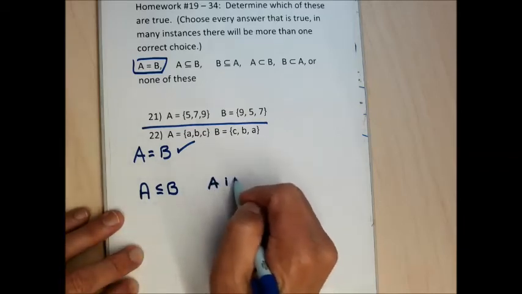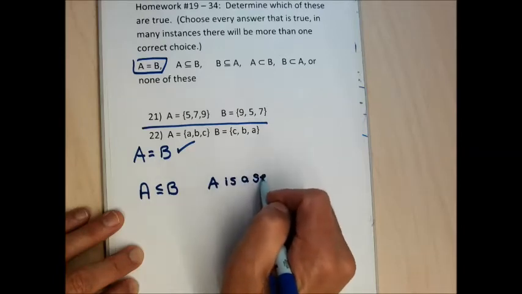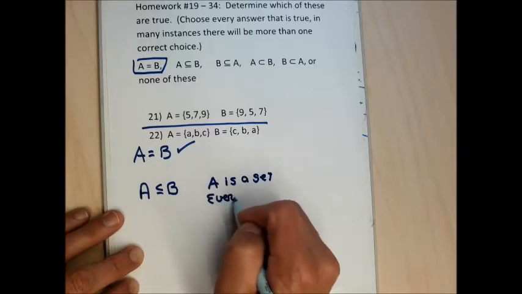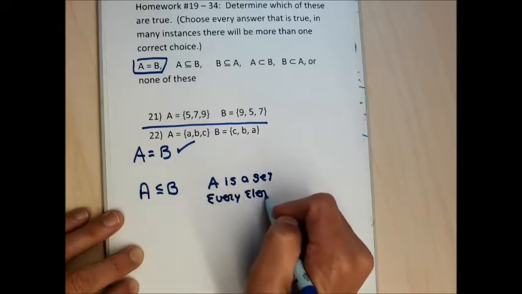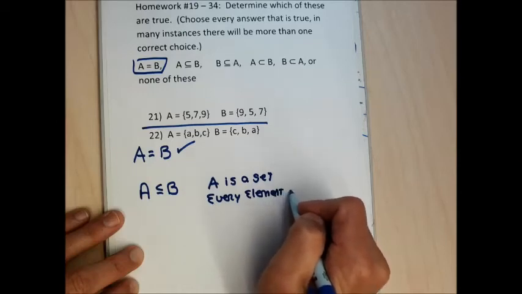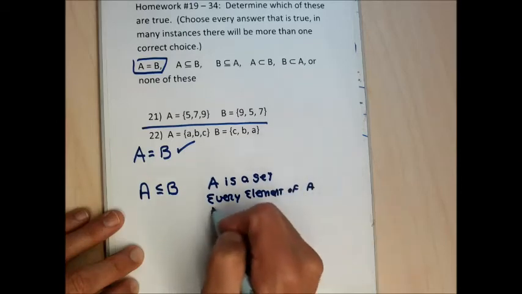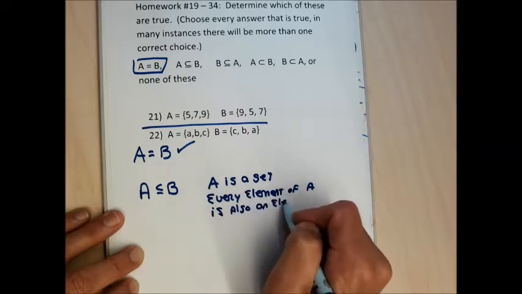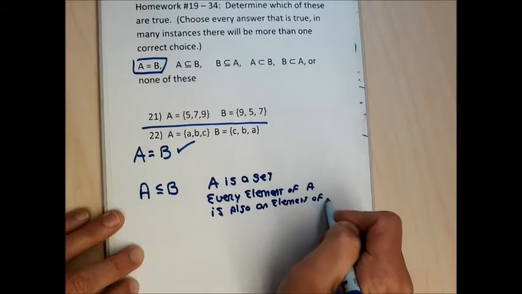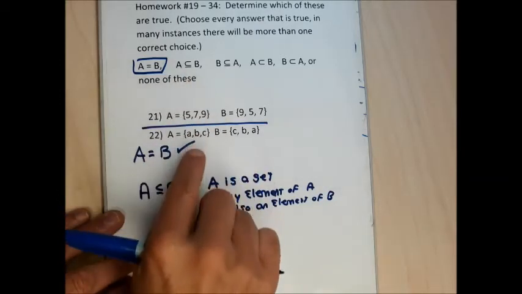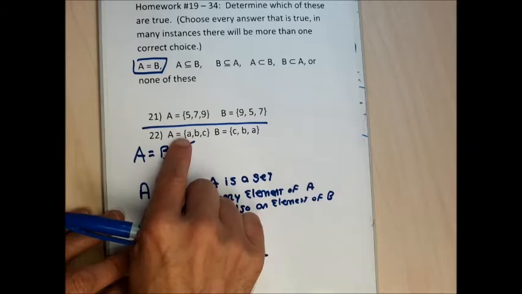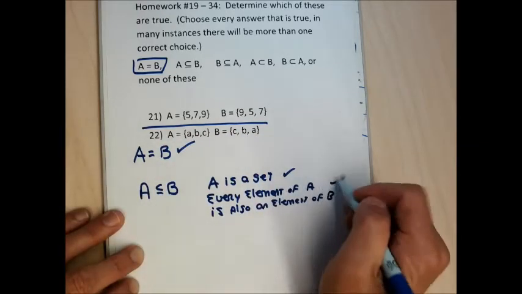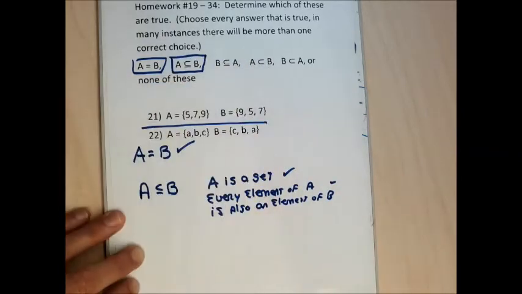A is a set, and A is a set because of the set braces, and every element of A is also an element of B. And that's true because there's 3 elements in A, every element of A, B, and C are also in B. So this satisfies both criteria. So that's going to be good.